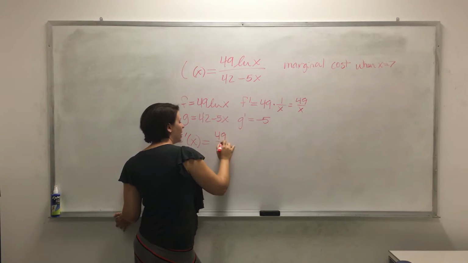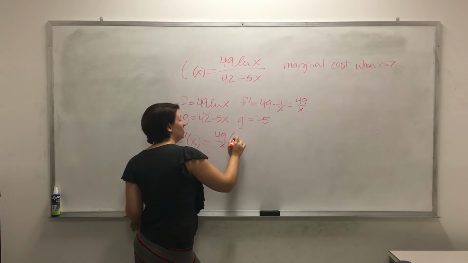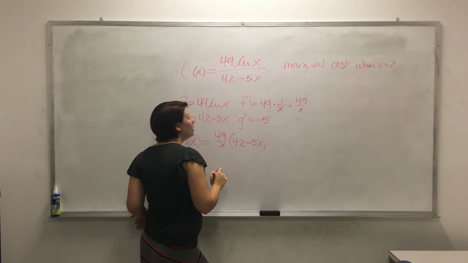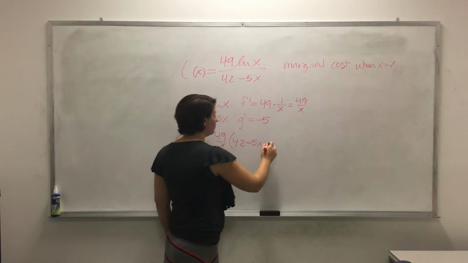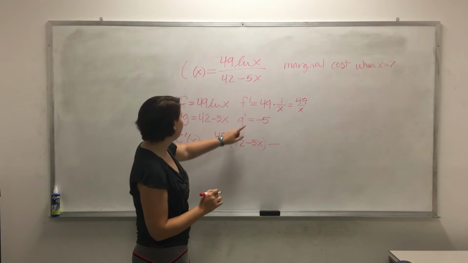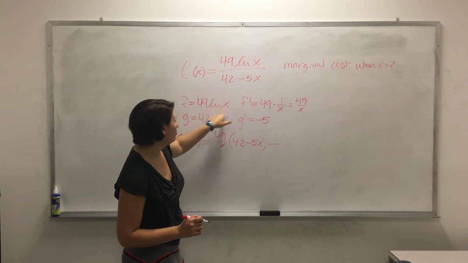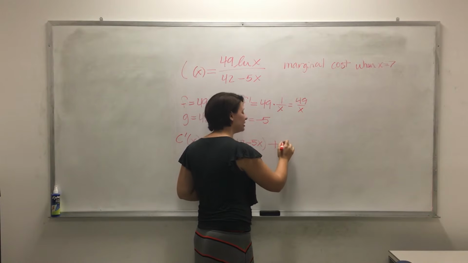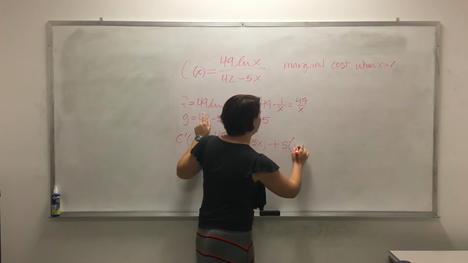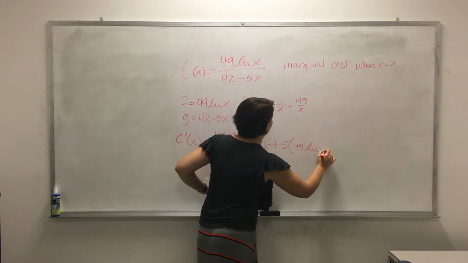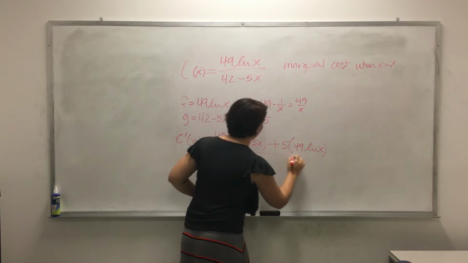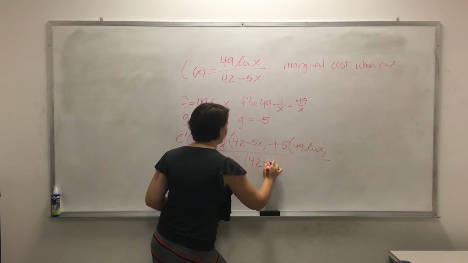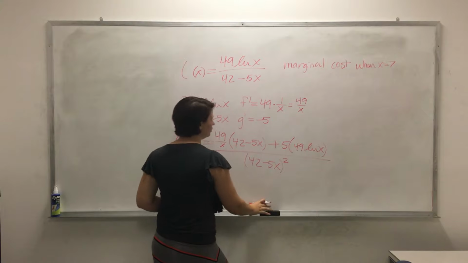So 49 over x times the quantity, so parentheses, of 42 minus 5x. Quotient rule, so must be a minus sign. G prime times f. But g prime is a negative, so we're doing minus a minus. So really plus 5 times 49 ln of x. All divided by g squared. So 42 minus 5x squared.